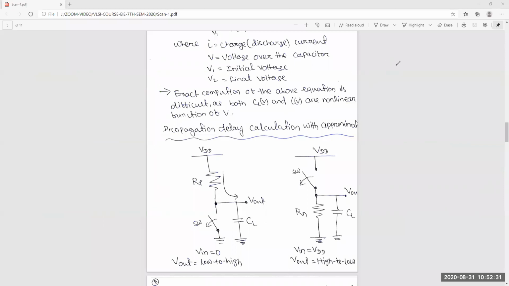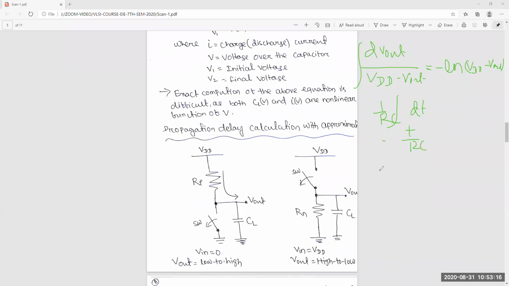You can solve this, it's very simple. The integral of dV out by VDD minus V out will come as minus ln(VDD minus V out), like that. Then the integration of 1 by RC dt will come as T by RC.